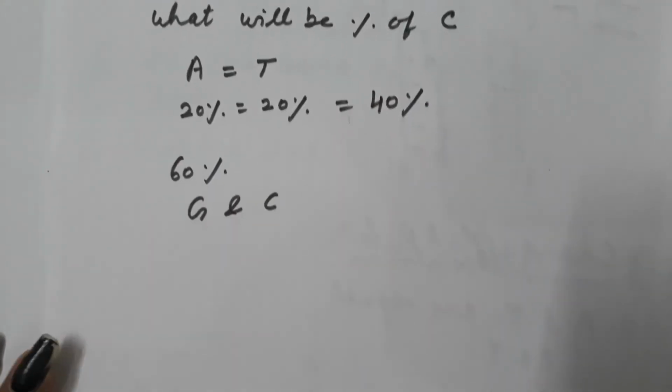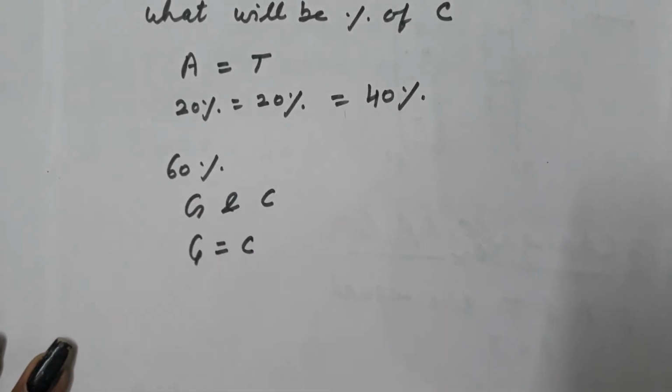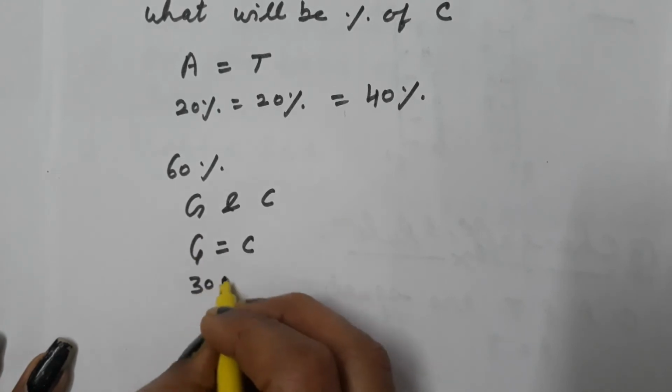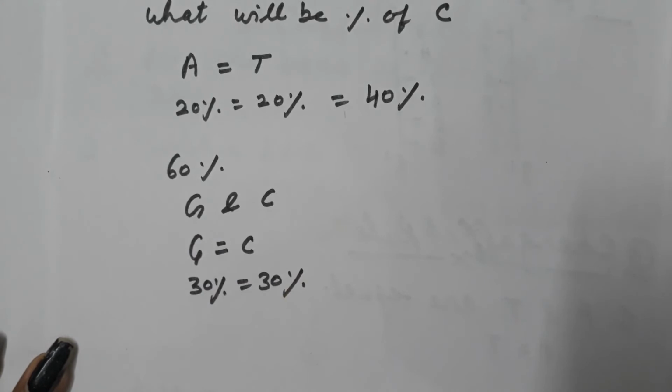And we know guanine is always equal to cytosine. So 60 is divided into 2, that is 30% guanine and 30% cytosine. So according to base pair rule, we can find out the percentage of nitrogenous bases if we know the percentage of only one nitrogenous base.